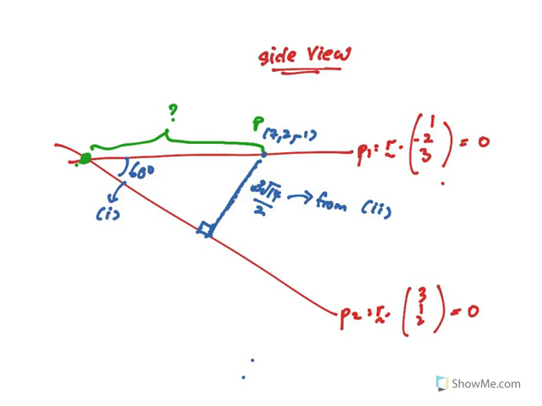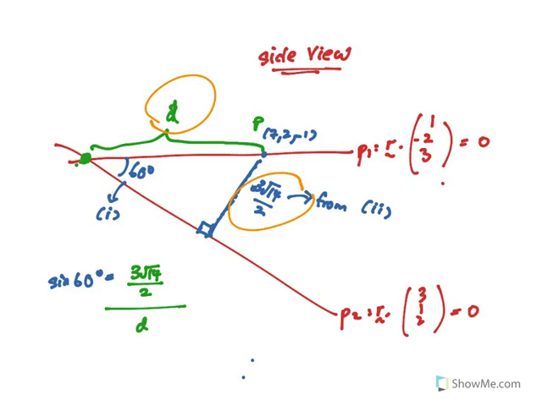We use trigonometry. Sine 60 degrees equals opposite over hypotenuse, right? Let's call this D. It's 3 square root 14 over 2 divided by D. Simplify, and your D should be... anyone found the answer? Square root 42.